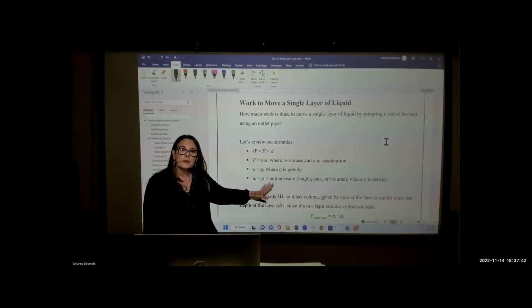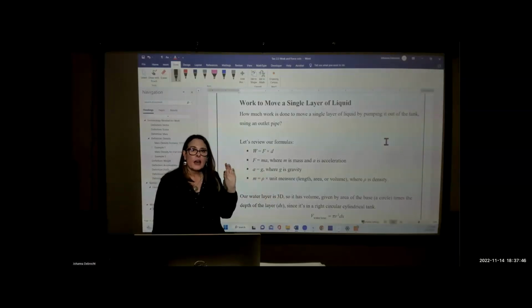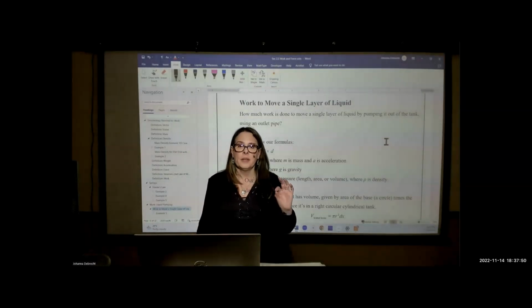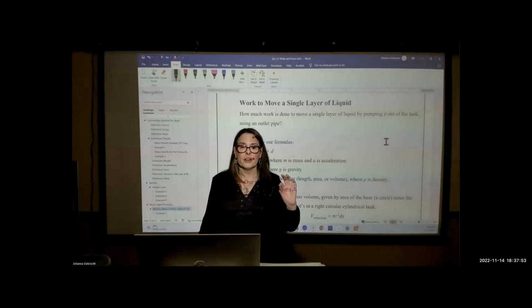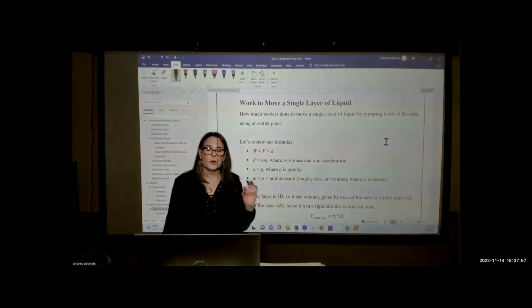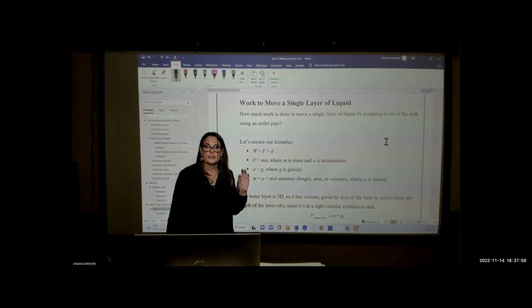And we're going to have to compute the volume of the little slice of water. Now, the slice of water is going to take on the shape of the container. So it could be rectangular, it could be circular, it could be all kinds of shapes. Typically, what we see, though, is rectangular and circular, those two types.